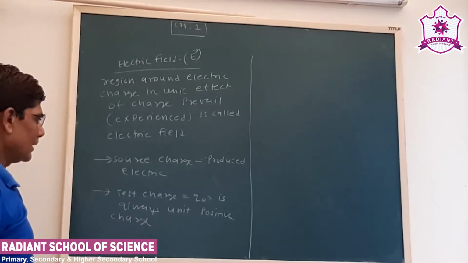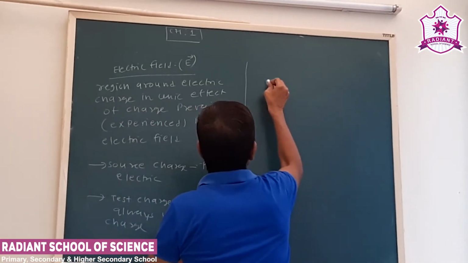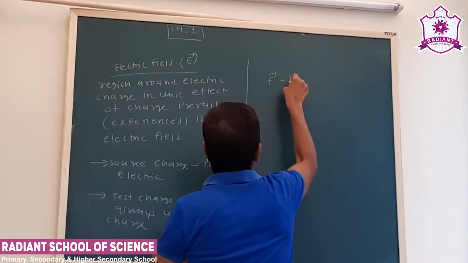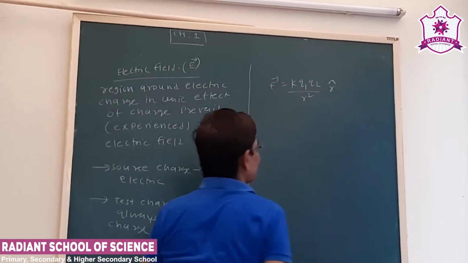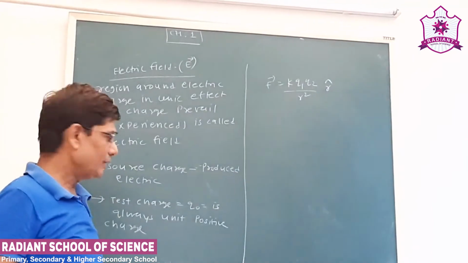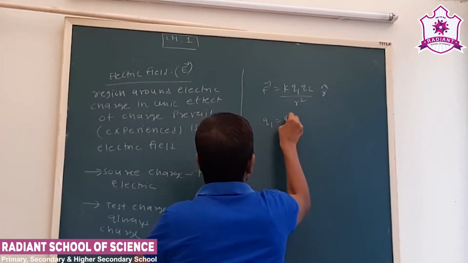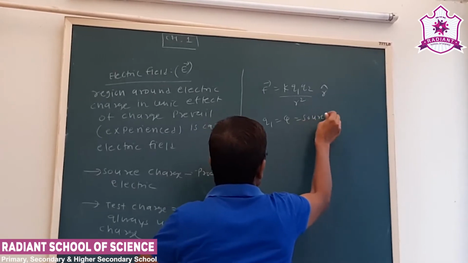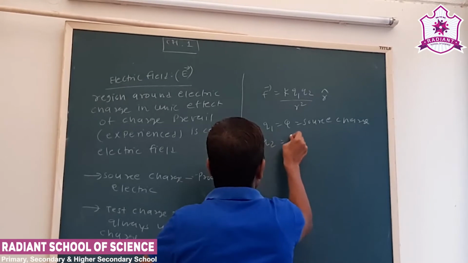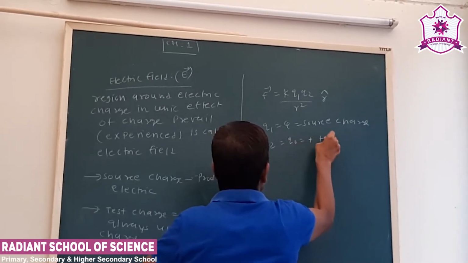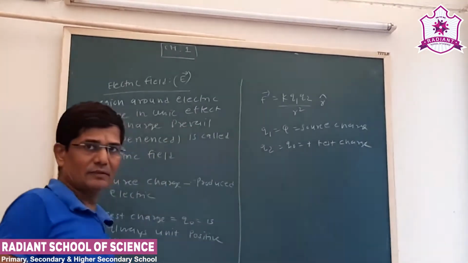Now see the simple definition. We are seeing F is equal to K Q1 Q2, in vector form. Here one of the charges, Q1, we said is the source charge, and the second charge we say is Q0, that is the test charge.